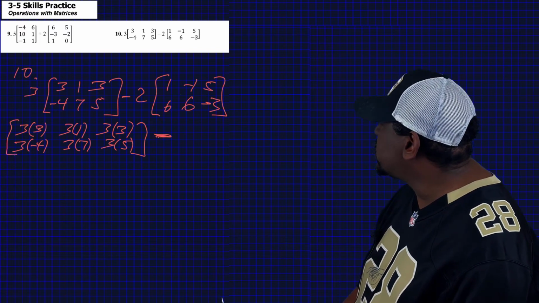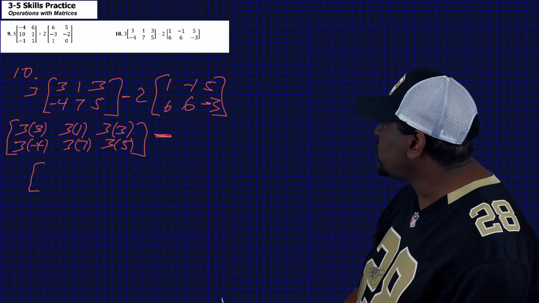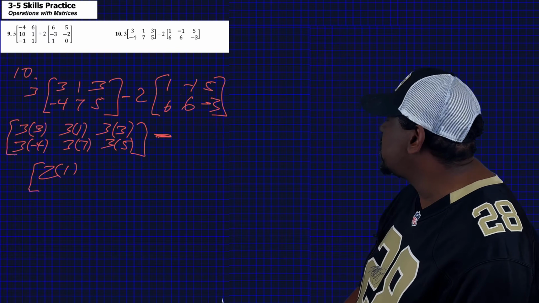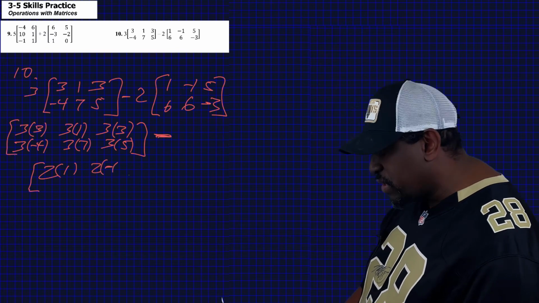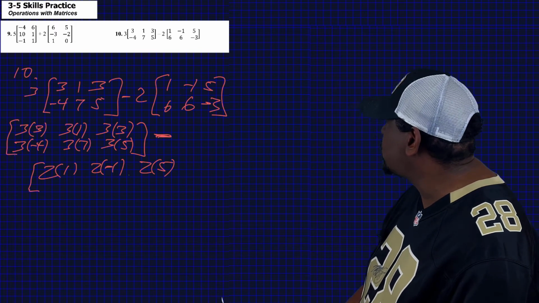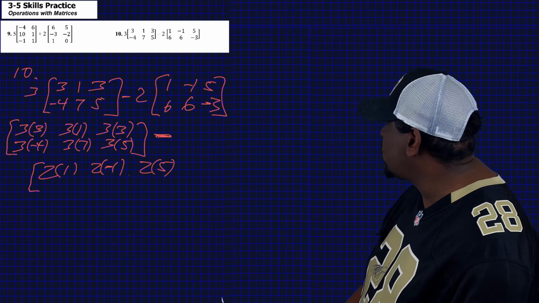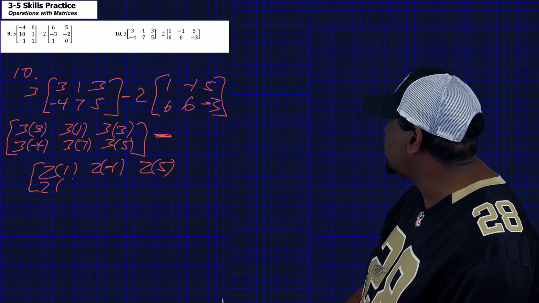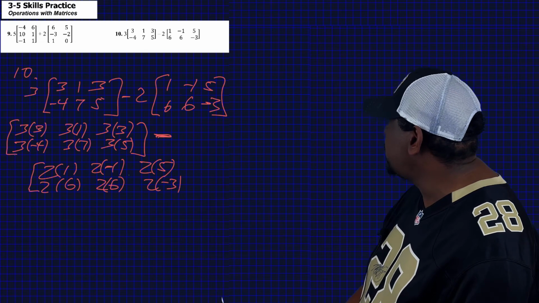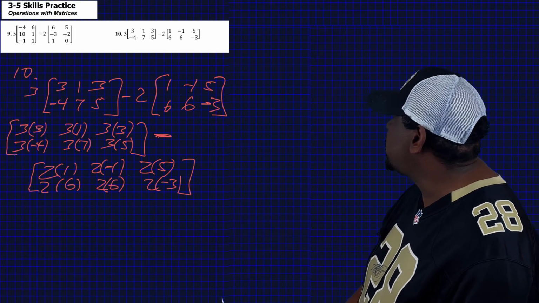And then we're going to subtract, and we're going to distribute the 2 into the quantities. We're going to rewrite that. We don't have enough room, so we're going to use right up below. 2 times 1, 2 times negative 1, 2 times 5, and we will have 2 times 6, 2 times 6, and 2 times negative 3. And that will be our new matrix.